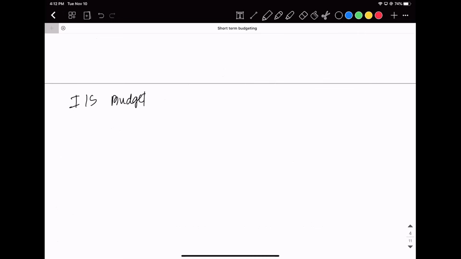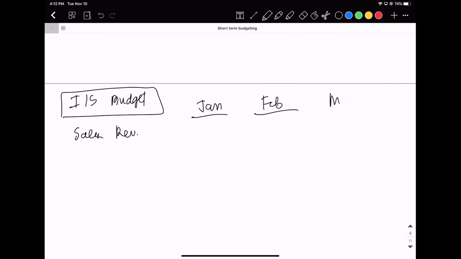Okay, ito ay sales revenue, starting point. So, January, February, March. Kumbaga parang summary ng lahat ng ginawa natin, no? So, less CGS.